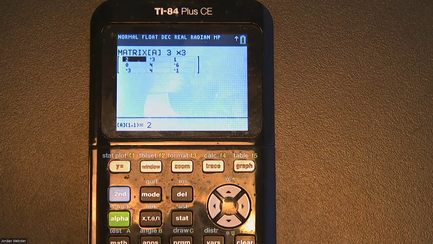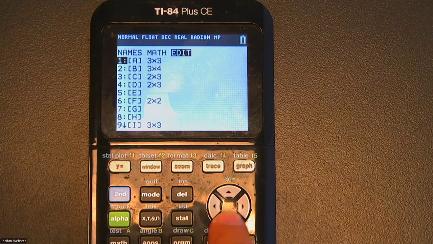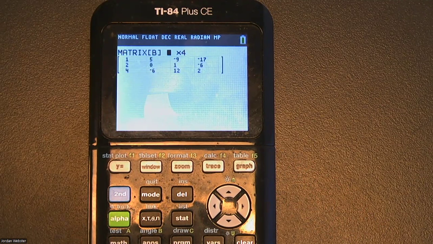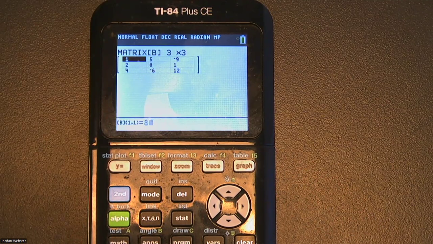then what you can do is go back to the home screen or back to the matrix menu and put in this second matrix, matrix B, which is also 3 by 3. That's the one that started with an 8.